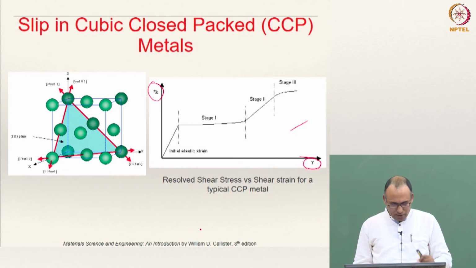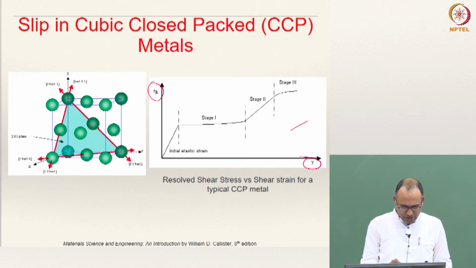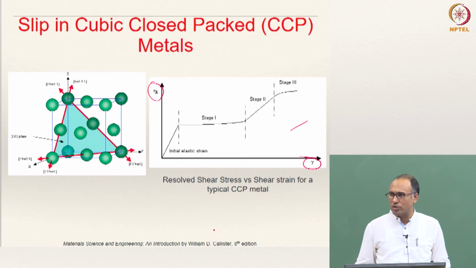Okay. And here you have an FCC material, and this plane shown in light green background is your 111 plane, and the 3 directions shown in red are your family of 110 directions. The reason why we have shown them here is because in FCC material, that is the closed pack plane and those are the closed pack directions. That is why we have shown them.